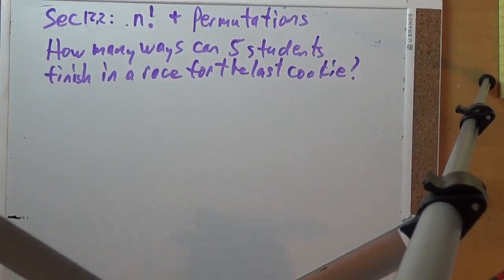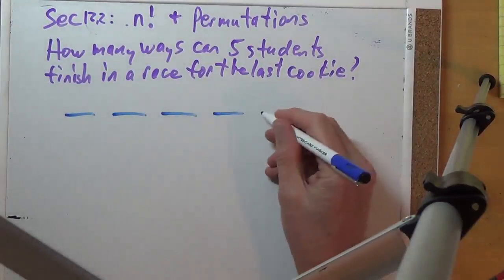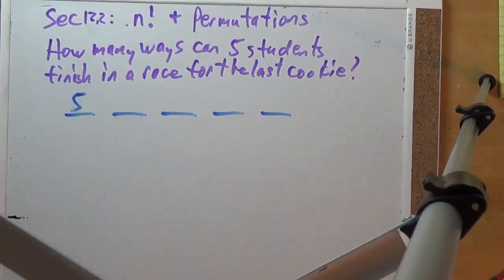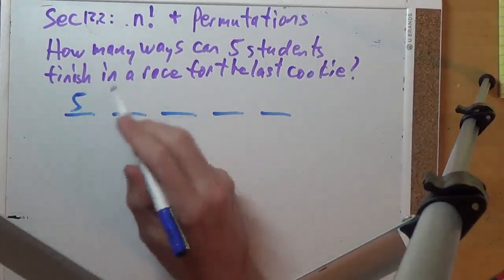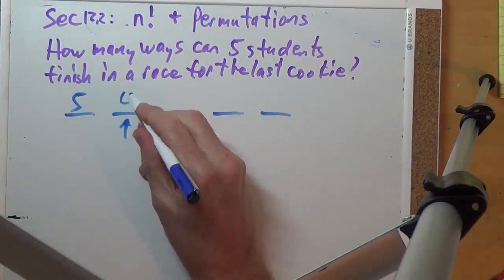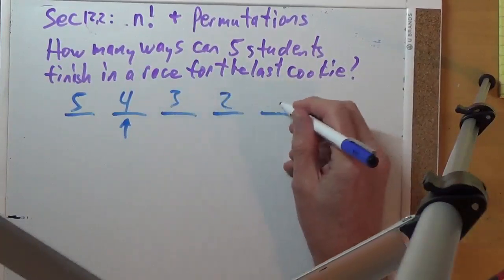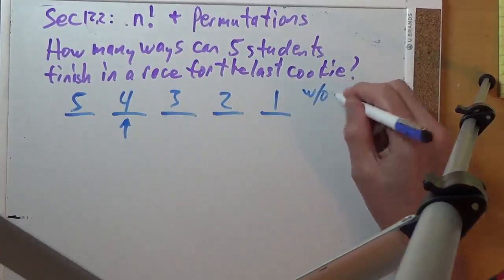Okay, the counting principle says we got 5 slots. There's 5 ways they can finish first, and now because someone had to finish first, there's only 4 for second, 3 for third, and so on, because this is without replacement.